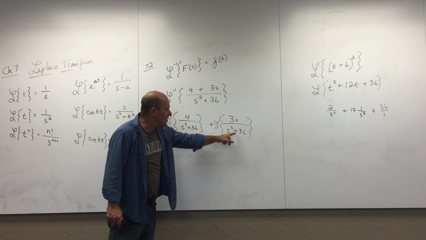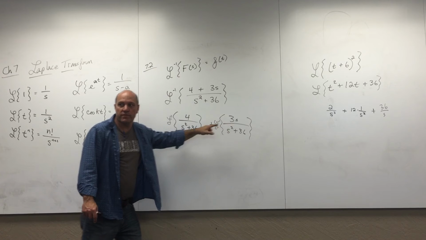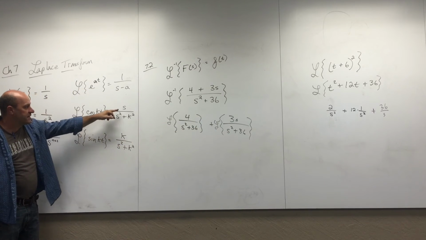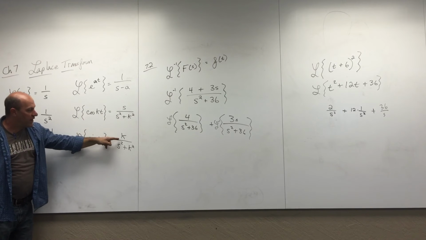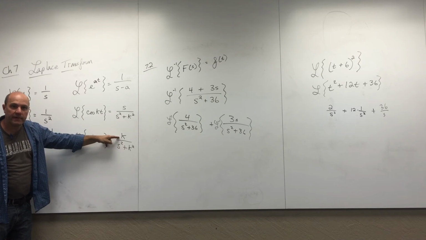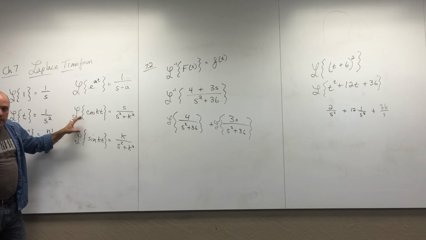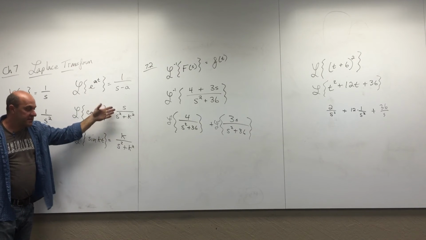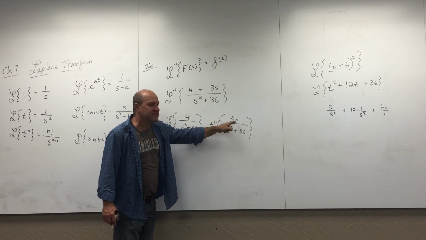This has got this s squared plus 36, and it's got an s on top. The one with the s on top is the cosine. The one with a number on top is the sine. That's a big difference there. K is a number, s is the s. So I'm looking at the second one and saying that's a cosine.